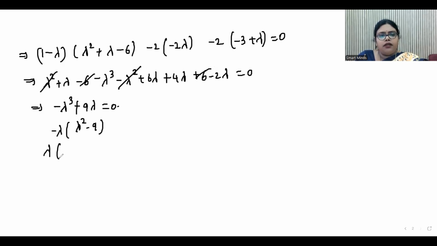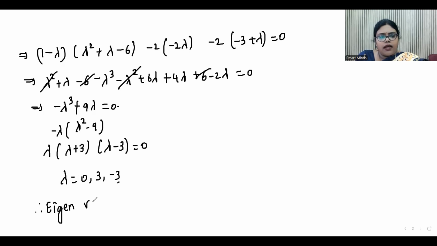So lambda into lambda square minus 9; we can split this into factors, lambda into (lambda plus 3) into (lambda minus 3). So lambda values are 0, 3 and minus 3. So these are the eigenvalues. Therefore, the eigenvalues of A are 0, 3 and minus 3.